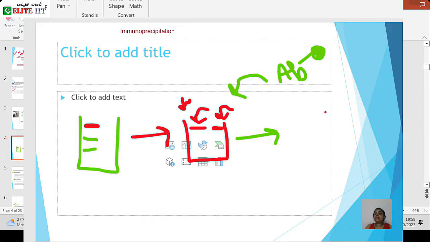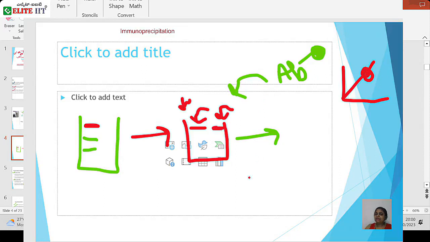It's like in SDS-PAGE, we generally run standards in order to determine the molecular weight. A mixture of standards with known molecular weights is given, and from that you make a standard curve, and from the standard curve we measure the unknown protein's molecular weight.